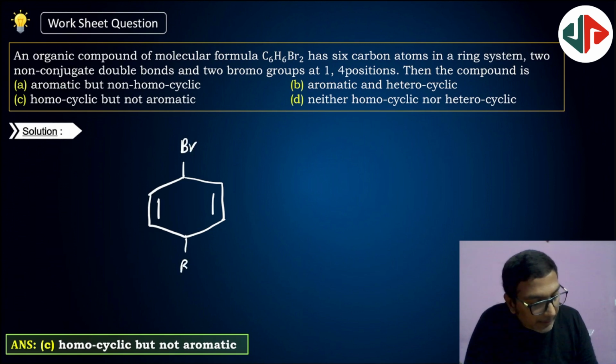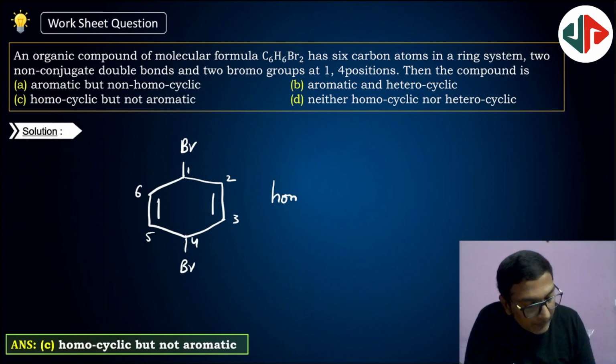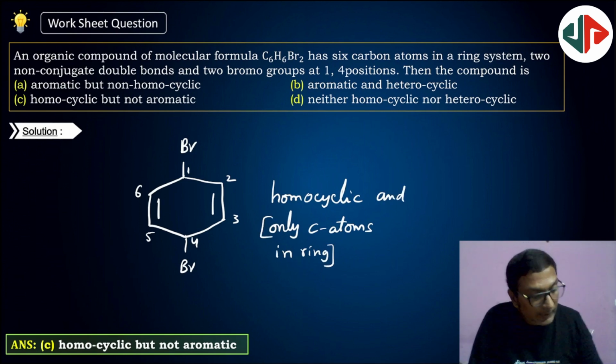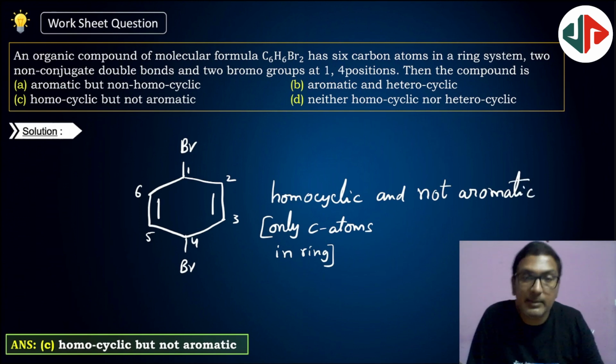Numbering the carbons 1, 2, 3, 4, 5, 6, the compound is homocyclic, meaning it contains only carbon atoms in the ring. A conjugated system is not present, therefore it is not aromatic. Therefore option C.